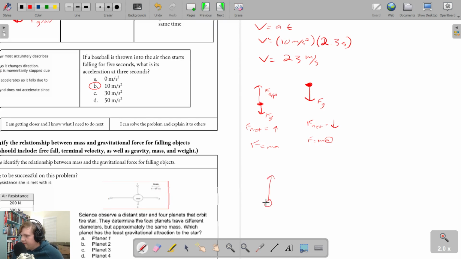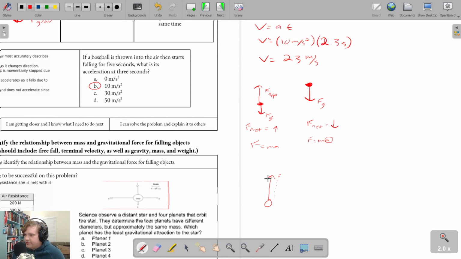Now, as soon as it's moving up, here we have our ball, it's moving up, the entire time the force diagram looks like this. That means it's having negative acceleration the entire time. So we had a positive, upward acceleration when it was in your hand.